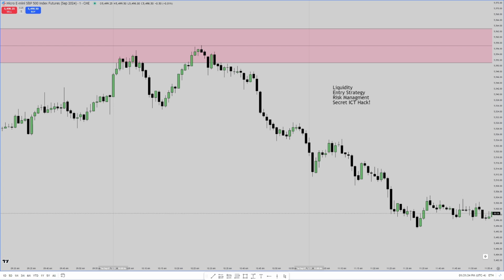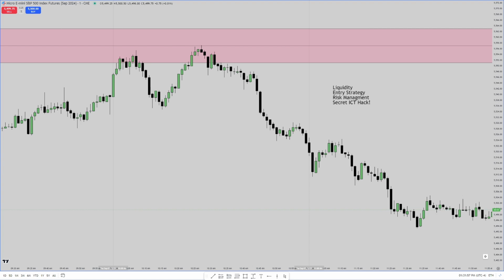We're gonna talk about exactly what the silver bullet model is and how to trade it. Then we're gonna talk about some entry strategies that I use for the silver bullet, and it's really only one setup. I'm going to talk about my risk management model, how I keep myself in check, and how I help grow my account.